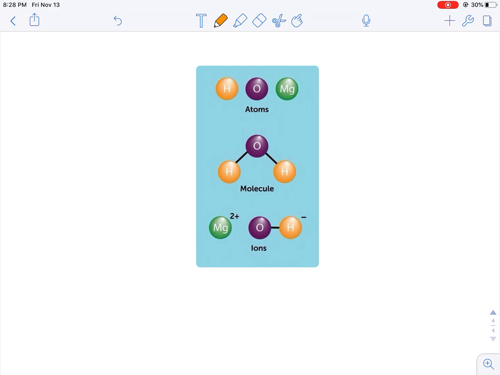But just to let you know in summary, going back to our shapes and our models, spheres, shapes, colors are meant to be atoms. When they are touching, or maybe we're using what's called the ball and stick model, and they're held together with covalent bonds, it's called a molecule.